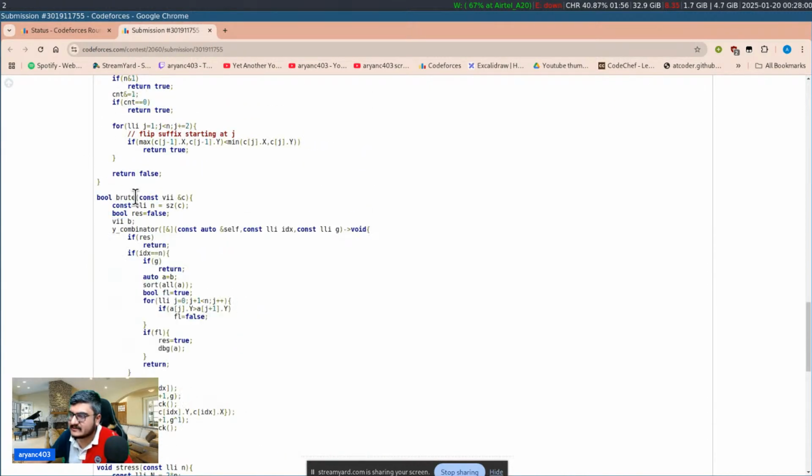The idea was I have array C. I tried to create array B with some pairs of flips there. G denotes the number of flips I did. When I reach index I, the number of flips should be 0. And then I was checking if I make one of the arrays sorted, what happens with the other. So first I make some even number of flips, and then I assume that I can always make one of the arrays sorted.